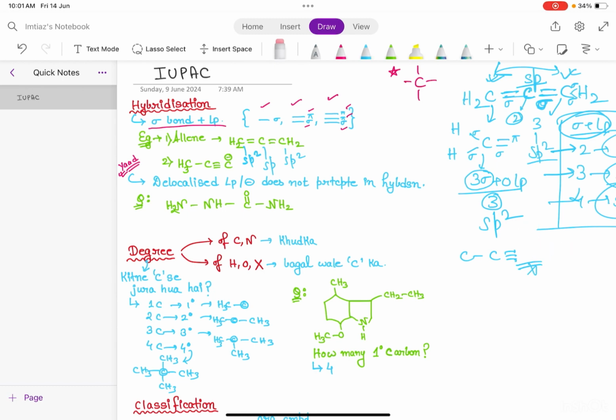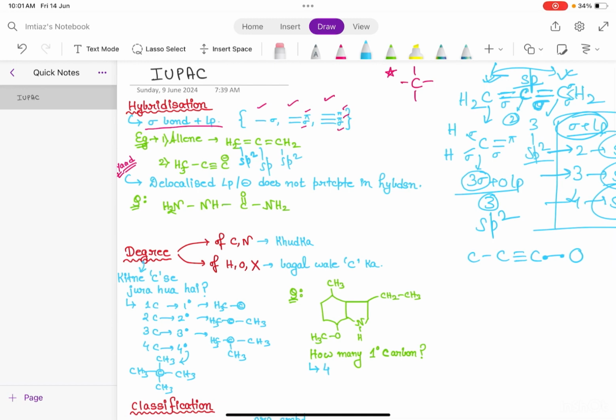Let me explain it in detail, but this will be discussed in GOC only, the bond cleavage. So let's suppose any one atom is attached to this carbon. Any bond is formed by 2 electrons. You must know this, that any bond means 2 electrons. So one from this atom, one from this atom. So already this belongs to this carbon, but sometimes this carbon steals the electron from this as well.